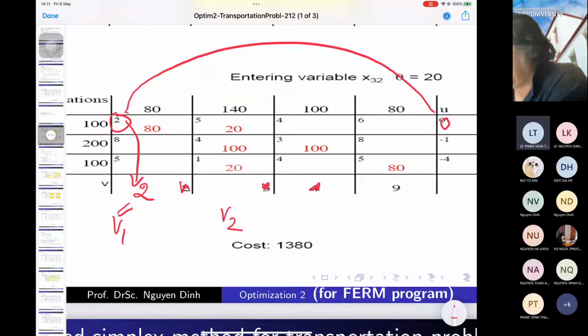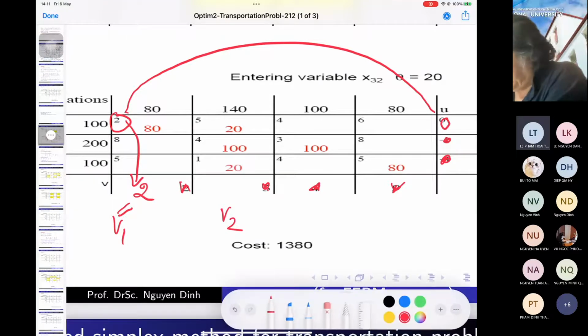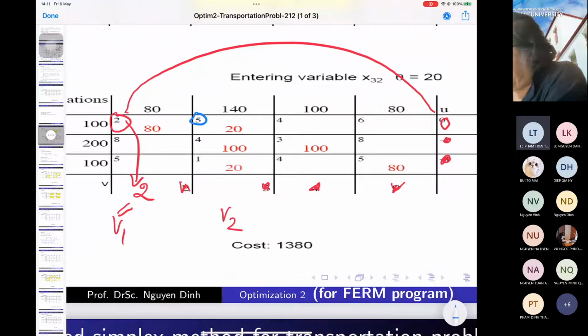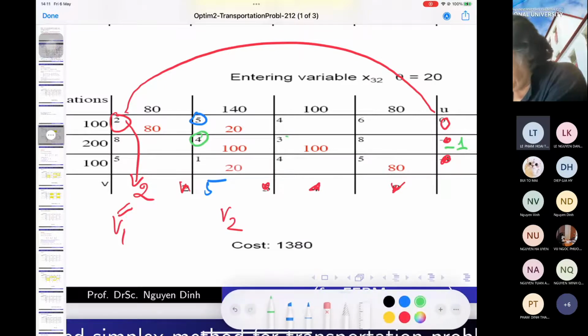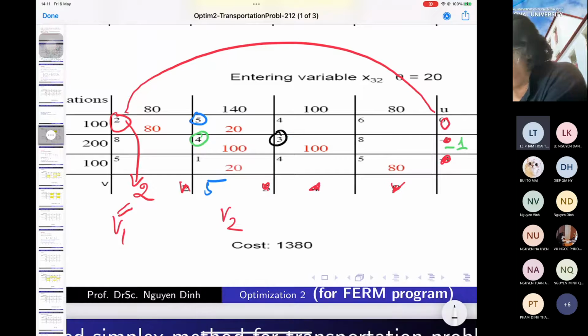Suppose that we have this. So we try to calculate this number. Okay. So here, 5 equals 0 plus 5. Okay. And here, 4 equals 5 plus what? Minus 1. Is that okay? And then 3 equals something here plus minus 1.